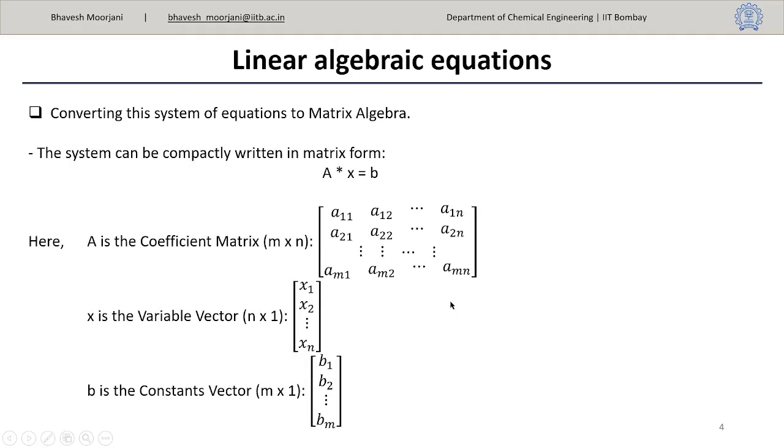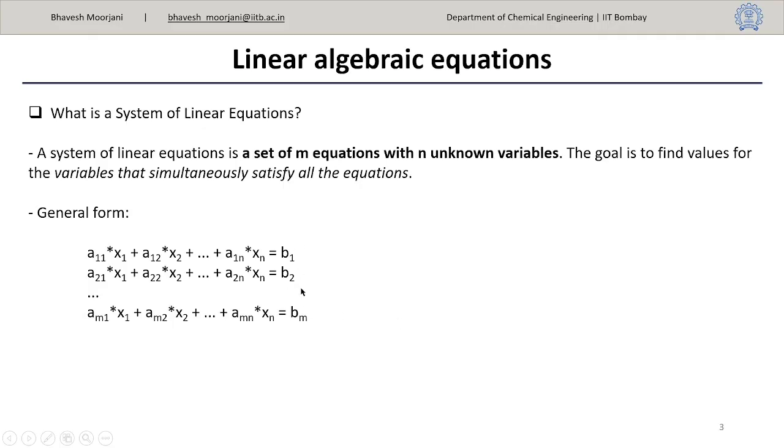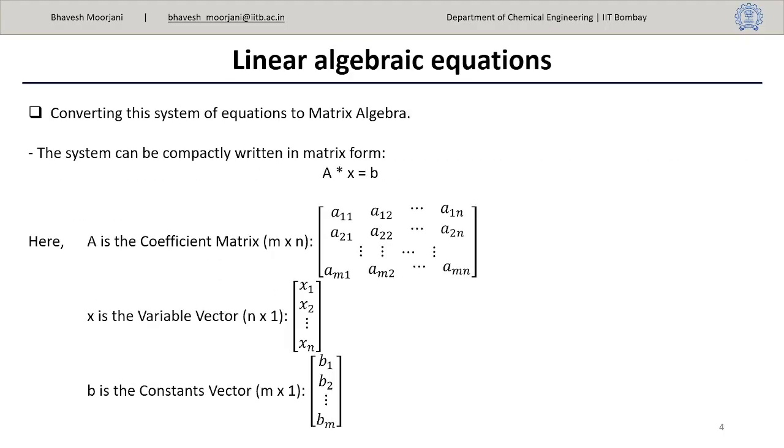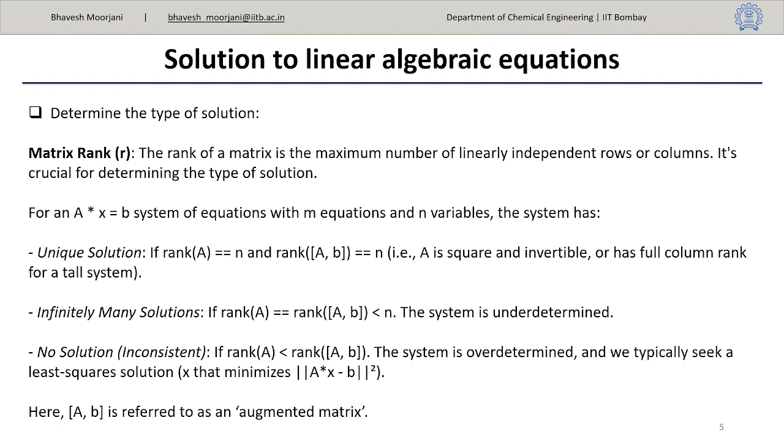What does it mean? Let's say you have these m equations, out of which a few equations might be correlated. In the sense, let's say equations 1 and 2 are correlated, where if I multiply equation 1 by 1.5, I get equation 2. That means they are correlated. That's why they are not linearly independent.